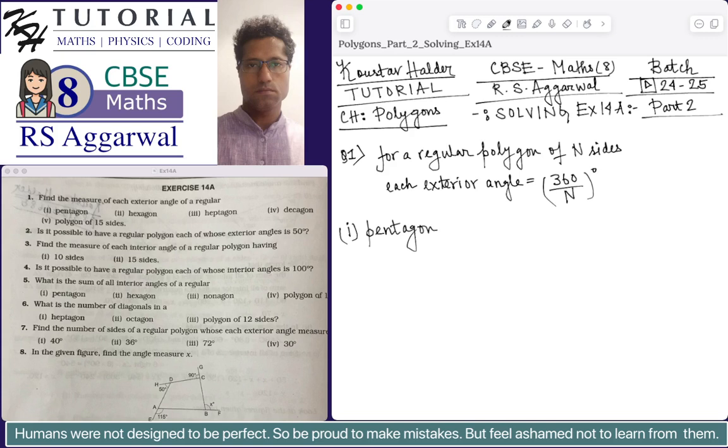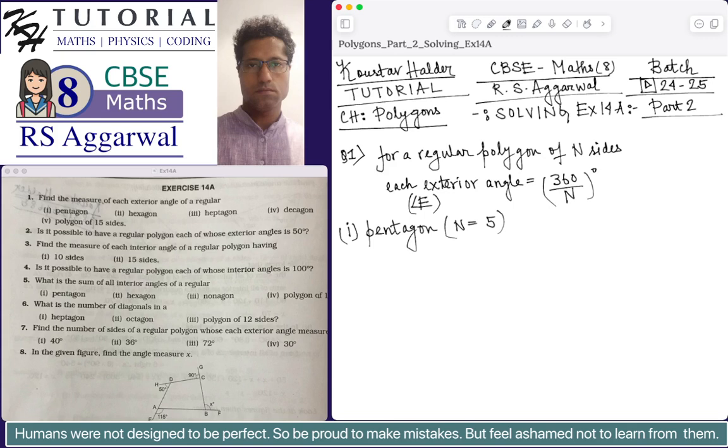So the pentagon, we know, is a regular polygon having 5 equal sides and 5 equal angles. So n is 5. Now let angle E represent each exterior angle of a regular polygon.